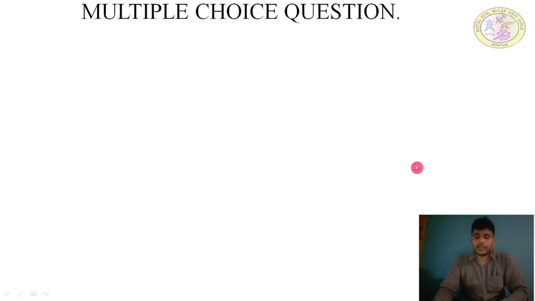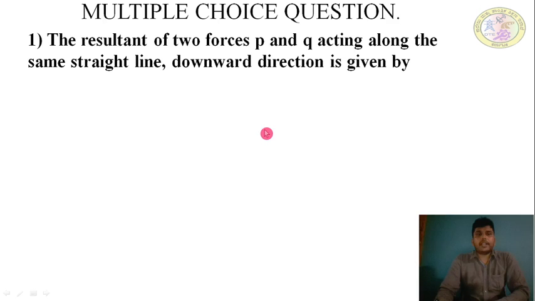Now let's start multiple choices for assessing today's session topic. First question: the resultant of two forces P and Q acting along the same straight line in downward direction is given by?